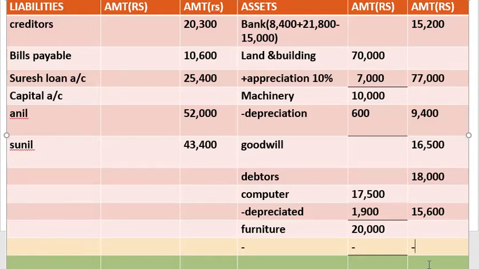Okay, so let's see whether our balance sheet tallies or not. So we get 1,51,700, and here also we get 1,51,700. So thus our balance sheet tallies.